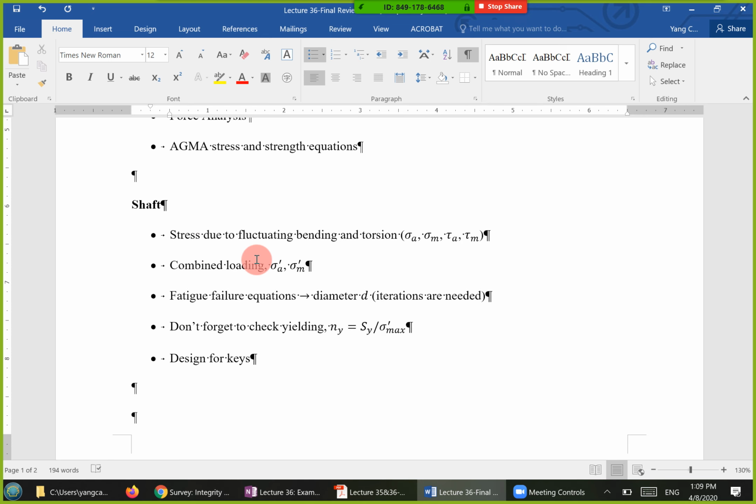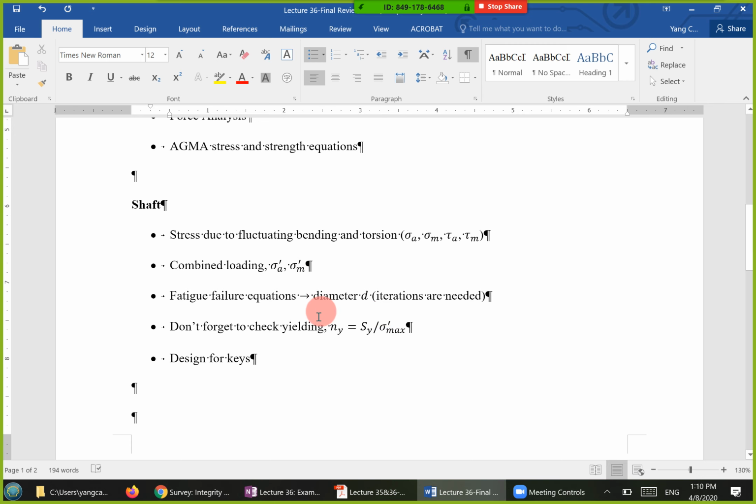It's a simplified question, but the idea is very general. It's an iterative process. You have a design equation for shaft diameter, and then you can iterate to get a minimum shaft diameter. Most shaft designs will be combined loading, and you choose a different type of design criteria. There are quite a few different criteria. We use the modified Goodman quite a lot.